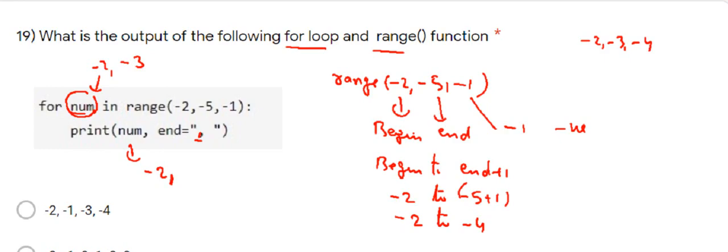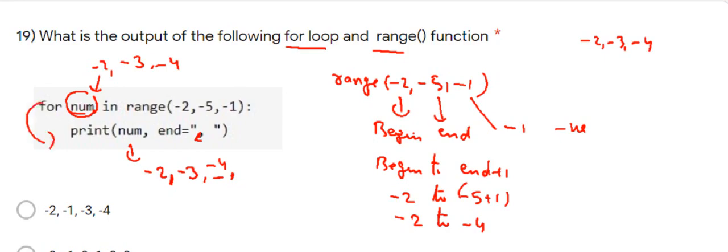The next value of num is -3. So -3 will be printed. Now you are not letting the cursor go down, and you are putting a comma. And next what is the value of num? The next value of num is -4. So here -4, and again this comma will be printed here. Next the values in the range function are completed.